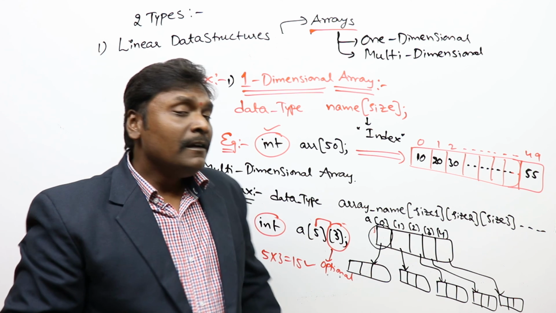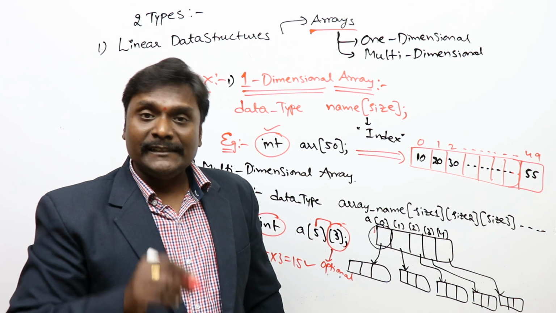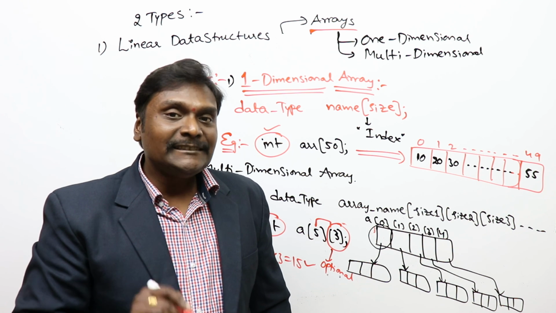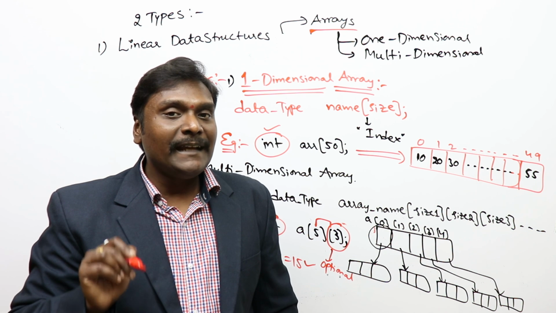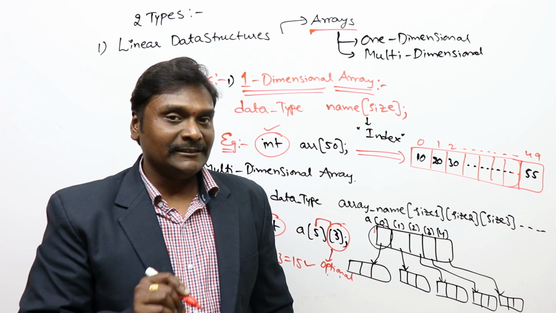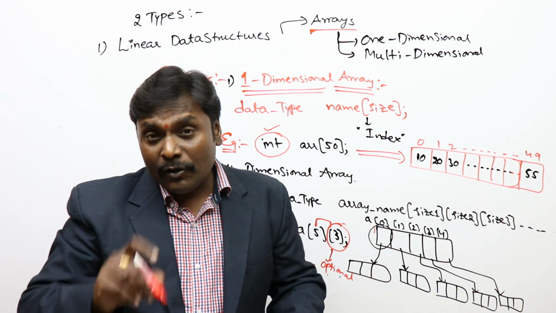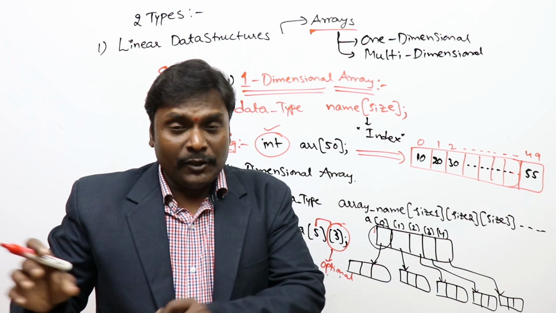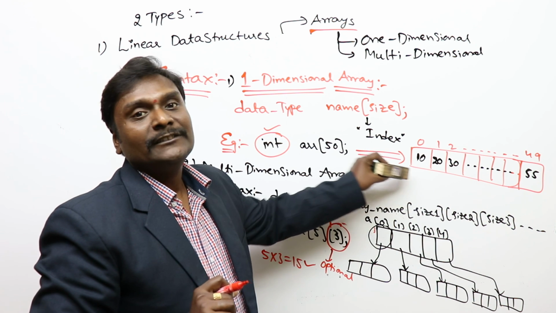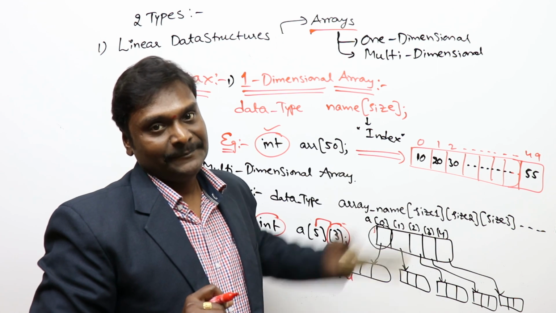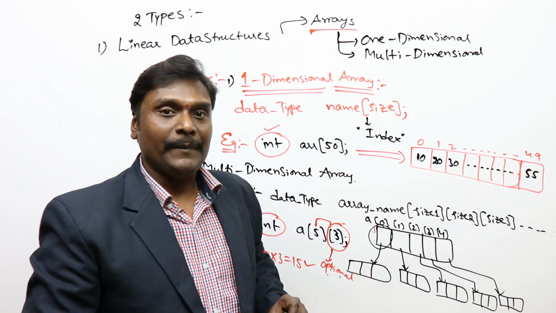You can give the values for each and every index in the program itself. That is static representation. And what do you mean by dynamic? Already we have discussed. Dynamic means you prompt the user at runtime for storing the values in the array index. So that is dynamic.